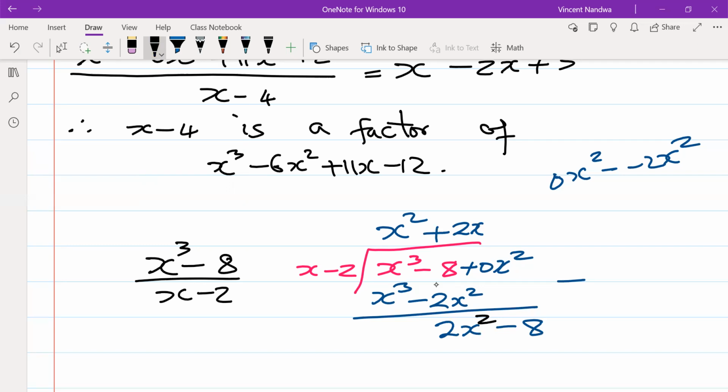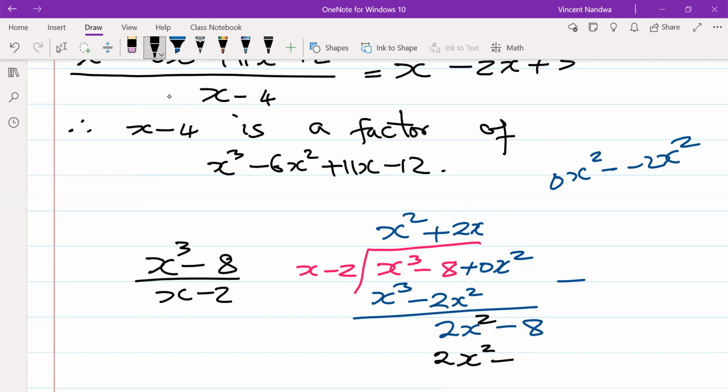So when you multiply, you have 2x squared minus 4x.